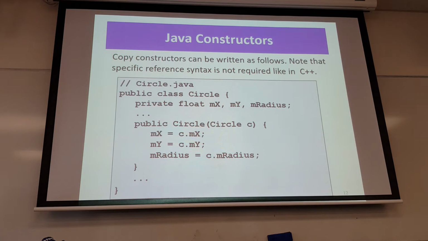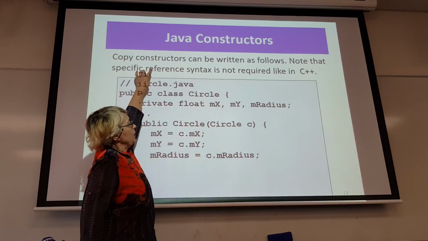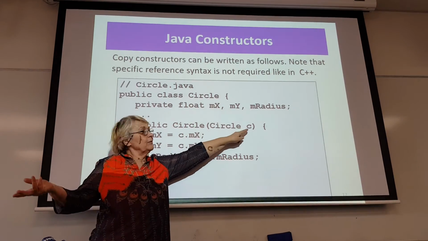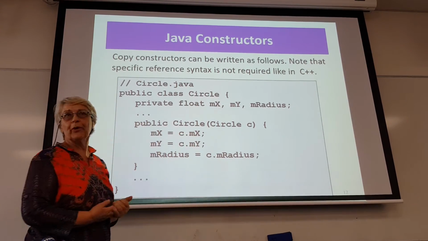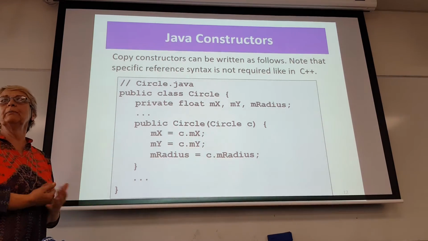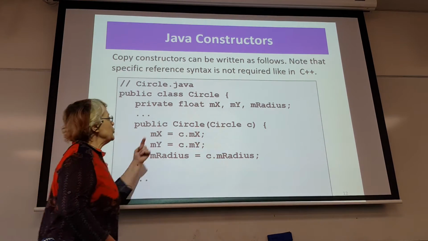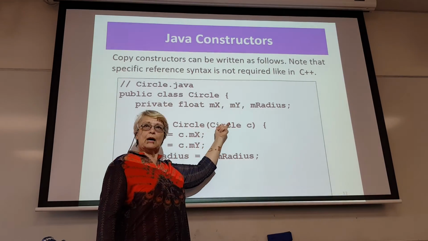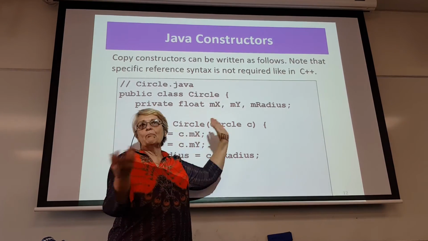So, looking at the copy constructor, a big difference. We don't have the reference operator here. So this syntax is much simpler. When you define the copy constructor, by default they are called by reference.